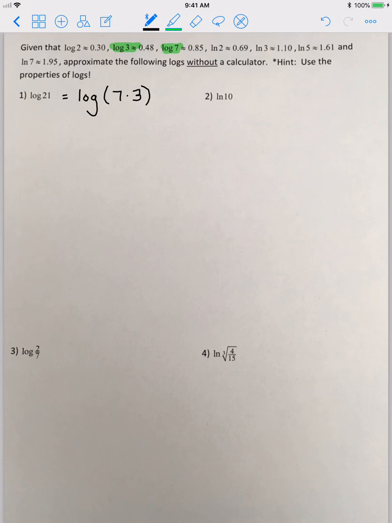Applying our logarithm rules, if you have the log of a product, we can rewrite it as the sum of the log of 7 plus the log of 3. And since we have an approximation for the log of 7, it's 0.85, we can then add it to our approximation for the log of 3, which is 0.48.